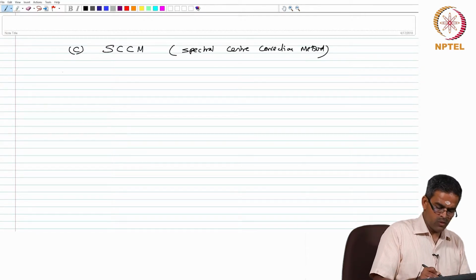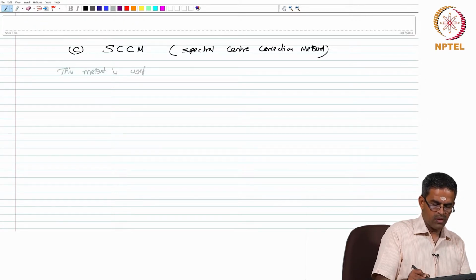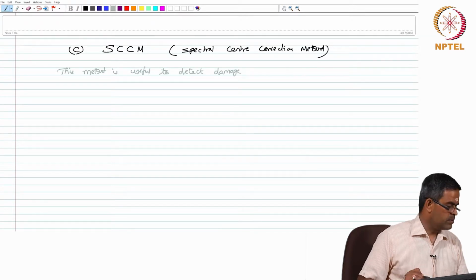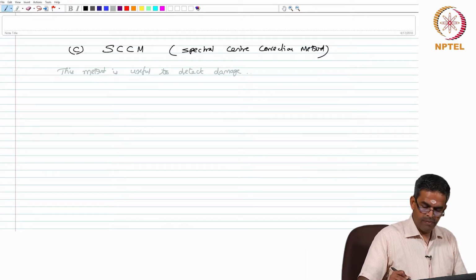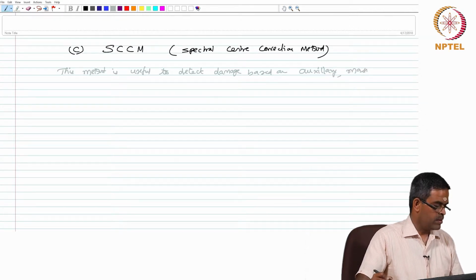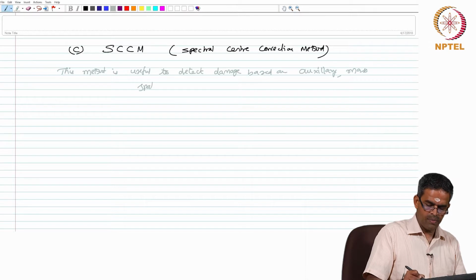This method is useful to detect damage based on auxiliary mass spatial probing.